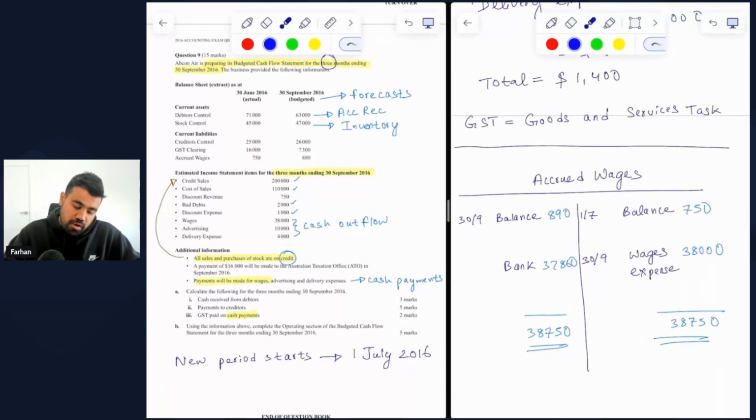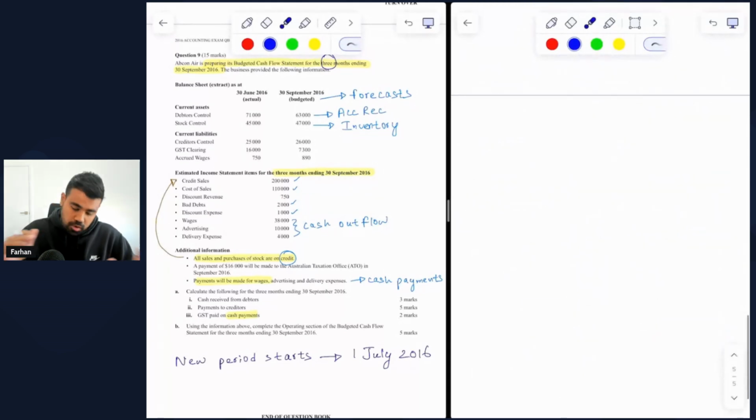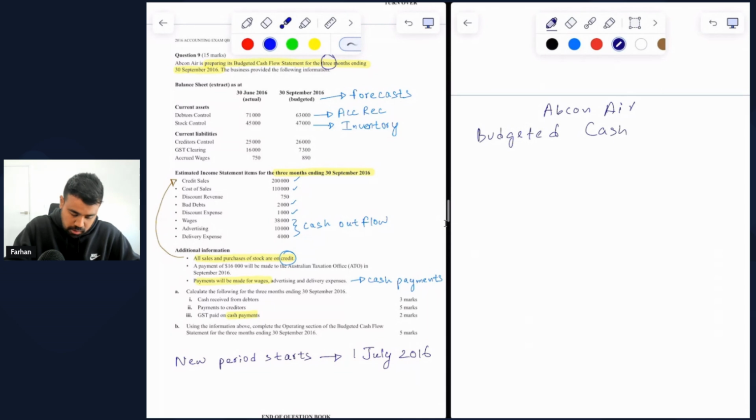So what we're going to do first is quickly write the title here. I'm just going to be straight to the point. So, budgeted cash flow statement, for the 3 months ending 30 September 2016.